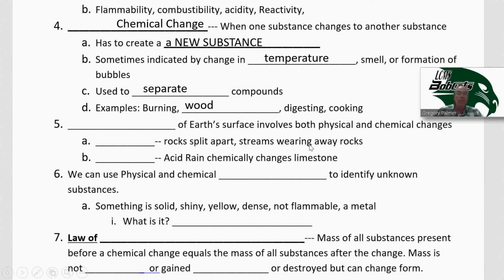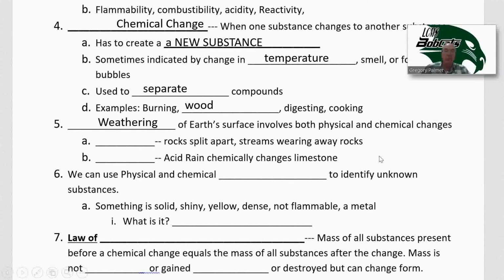Okay, the Earth's surface, in last year's science, when it weathers, it involves both physical and chemical changes. Physical would be like when rocks bust apart. If they get water in a crack during the winter and the water freezes, it expands and it'll split the rock. It would be chemical if the rain is acidic and it causes the rocks to deteriorate and undergo chemical changes.